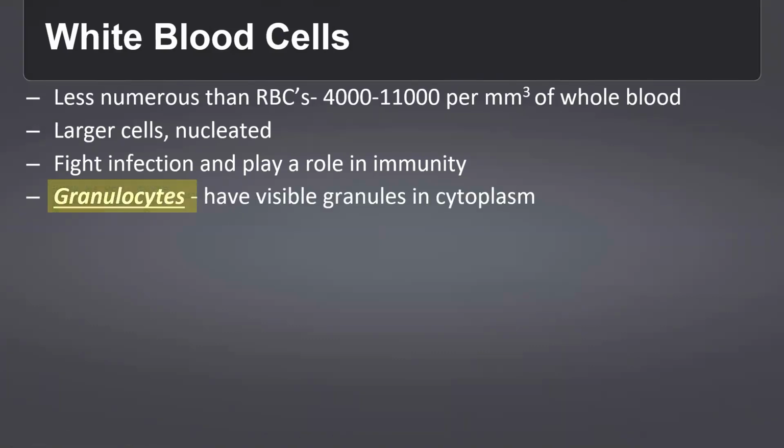So, as we mentioned on that big diagram with the test tubes on it, there are types of white blood cells called granulocytes or granular leukocytes, and I'll write that down as well. Granulocytes are also called granular leukocytes because a leukocyte is a white blood cell.